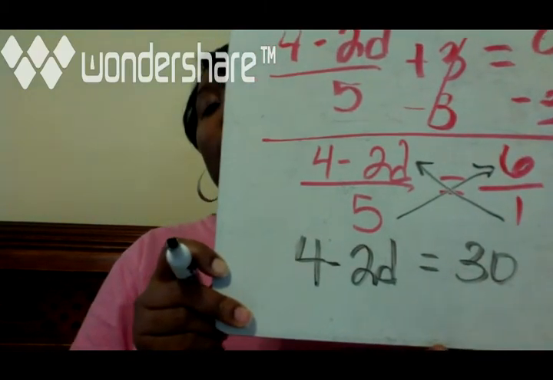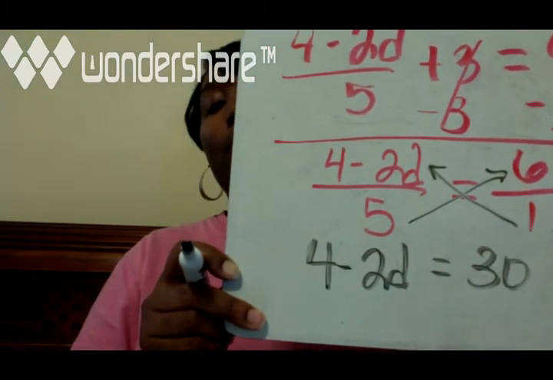Now, I want to subtract 4 from both sides. I'm going to write it over here on this other board because I'm running out of room. Subtract 4 from both sides.